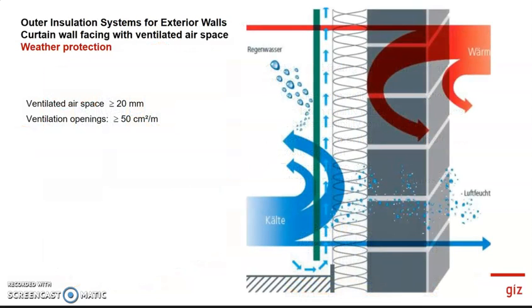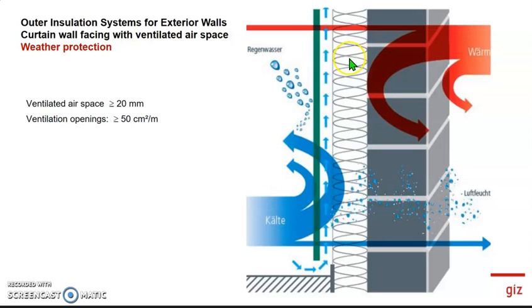So what is the purpose of it? Well, you have the wall, you have the insulation, then you have this substructure. What you need is actually an opening, so ventilation openings of 50 centimeters, and you need a ventilation gap behind of approximately 20 millimeters.